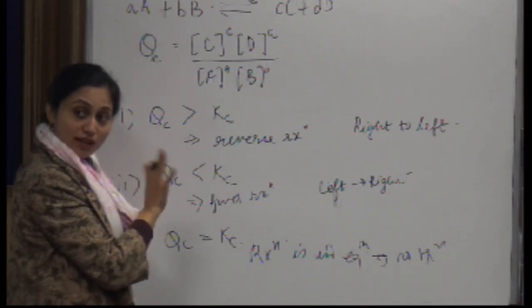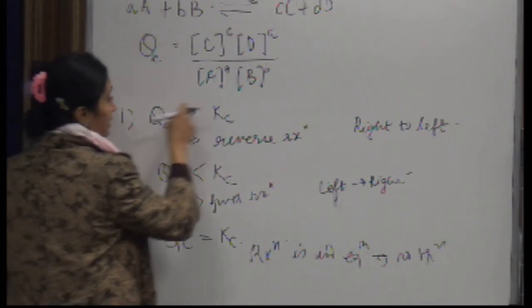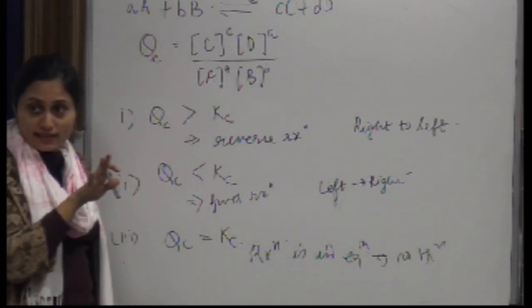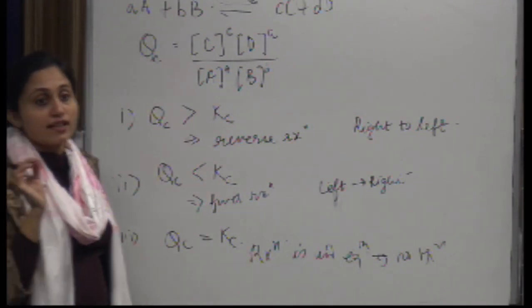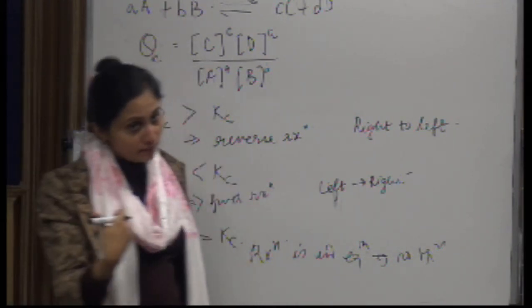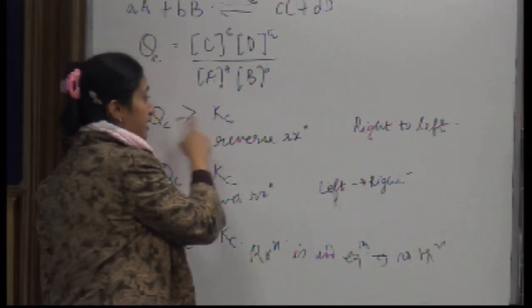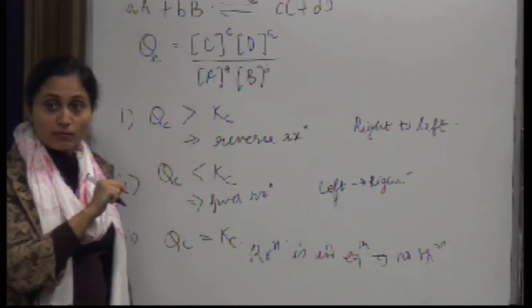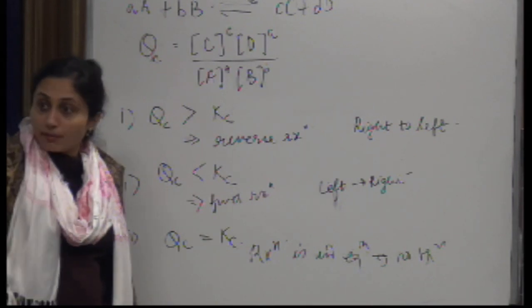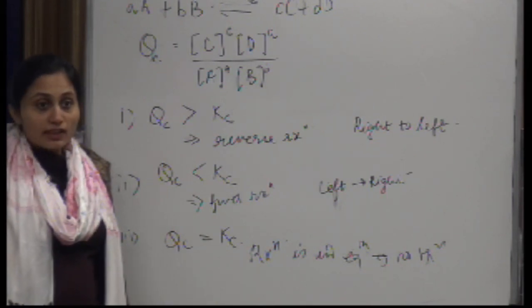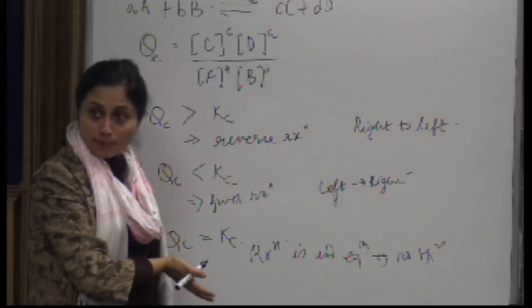Once you have found your QC, check whether that is greater than Kc or less than Kc. उससे आपको पता चलेगा whether the reaction has to go in the forward direction or in the backward direction. If QC is greater than Kc, इसका मतलब my concentrations of the products have already become high. So in order to get back to equilibrium, I'll have to come back.